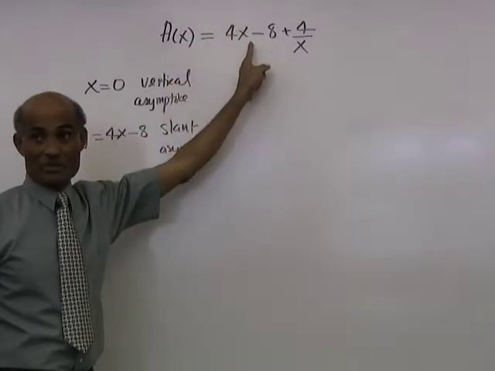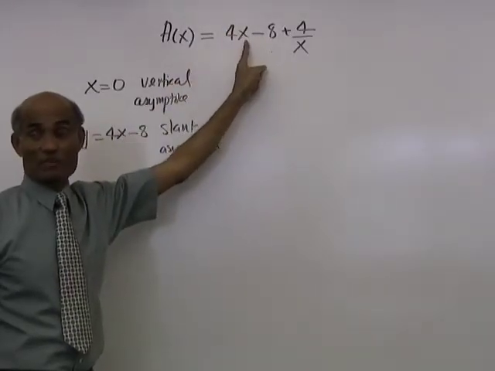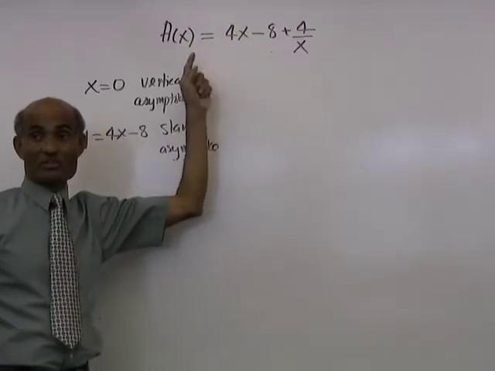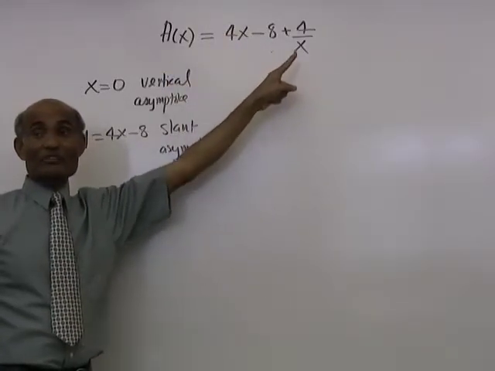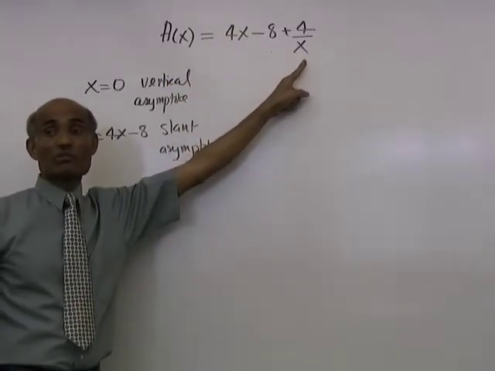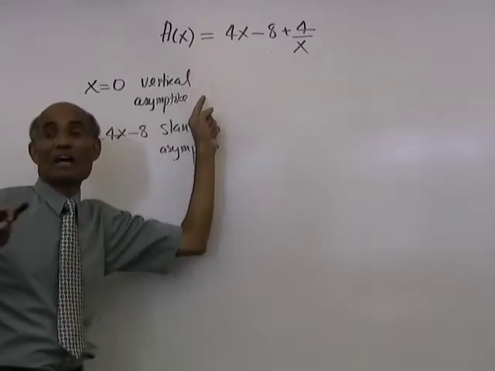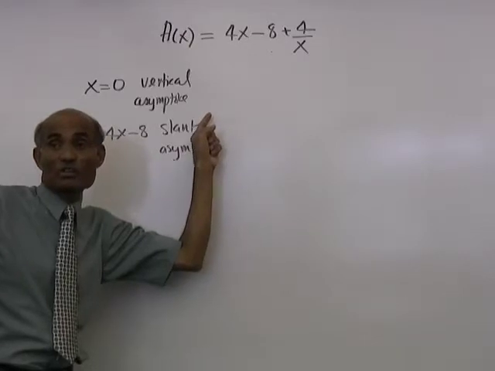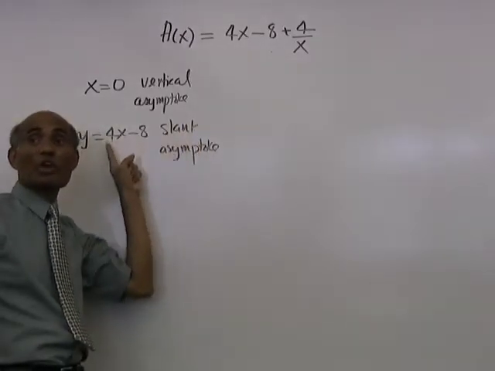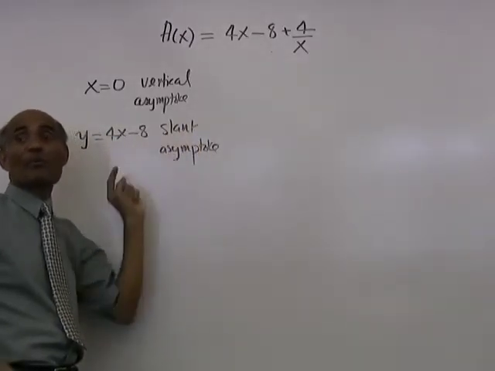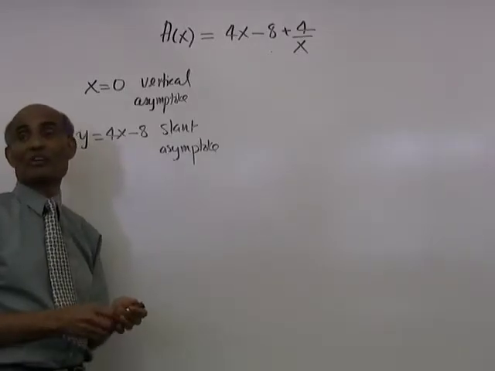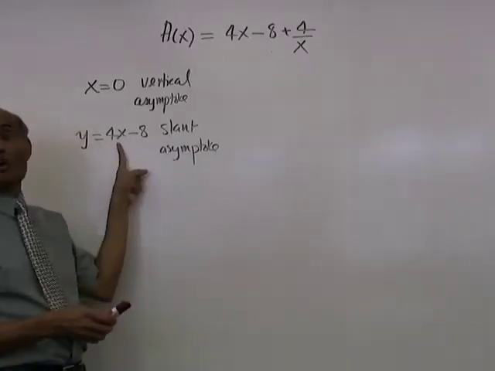Is that right? It must be, because as x gets very large, it must go to positive infinity. So when x gets very close to 0, y must go to positive infinity. And as x gets very large, the function must go very close to the graph of y equal to 4x minus 8.